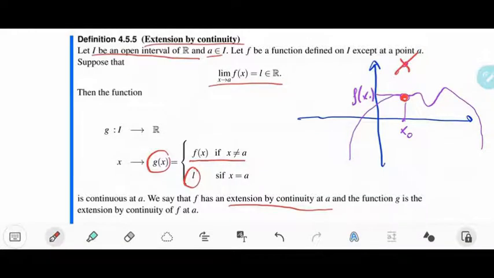So we say that f has an extension by continuity, which is g. In order for f to have an extension by continuity at a point A, you should have the limit right of f at A equal to the limit left of f at A. And this limit will be defined as the image of A with the extension by continuity.